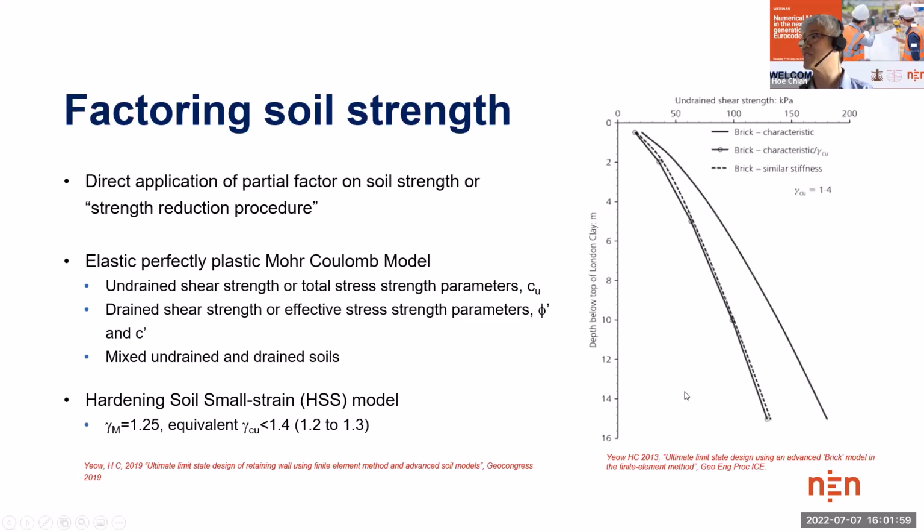This is an example of factoring that I did for Brick model. With Brick characteristic parameters, I apply a factor of 1.4. When I start to factor down the soil strength, they are fairly close, but not always the case, depending on the soil model that you are dealing with.